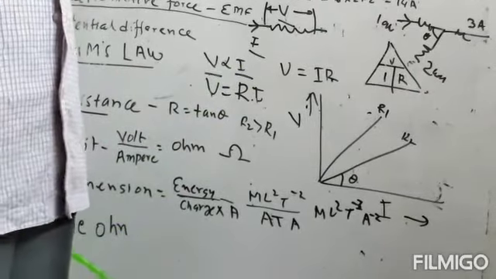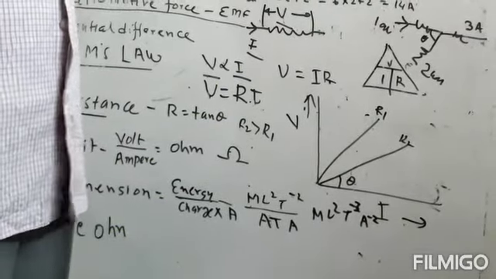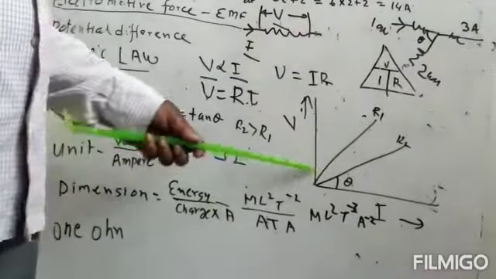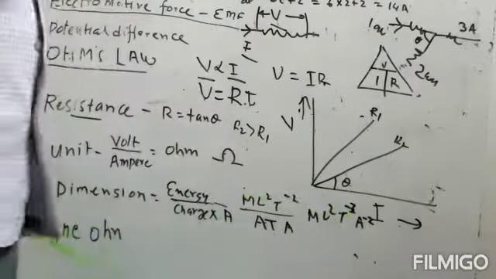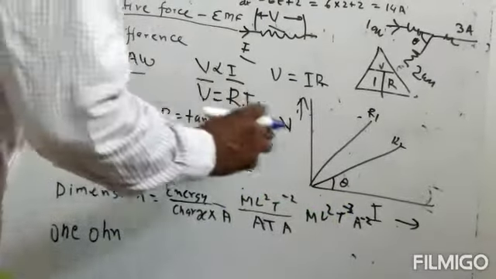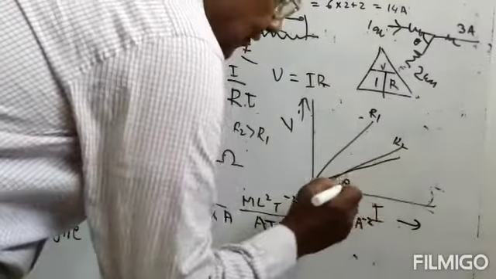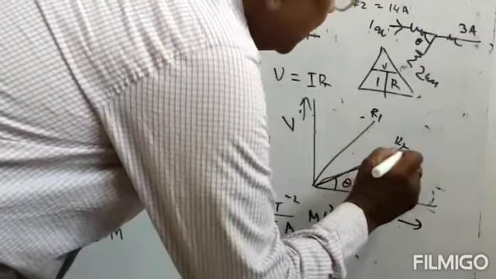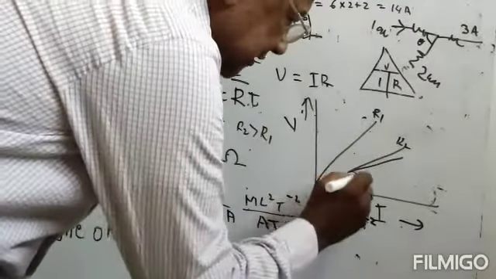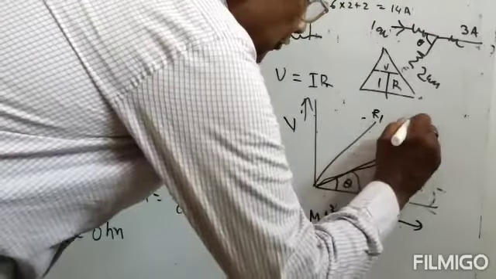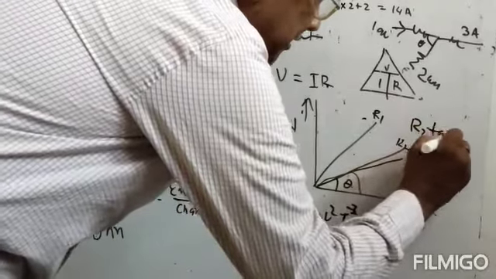Linear relation means there will be a straight line if we draw a curve between V and I. So suppose we have drawn this curve for R2 and this angle is theta, then R2 will be equal to tan theta.